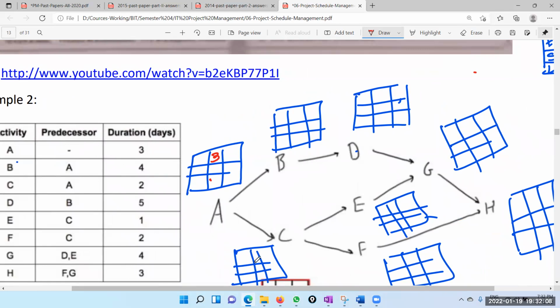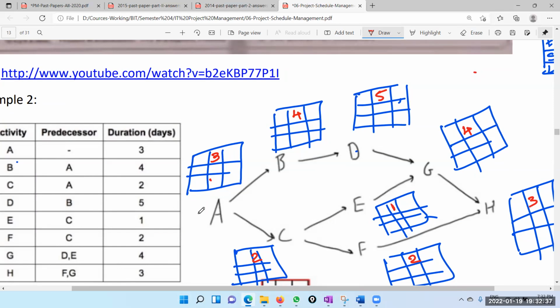B duration is 4. C duration is 2. D duration is 5. E duration is 1. F duration is 2. G duration is 4. And H duration is 3. So that is your duration, right?